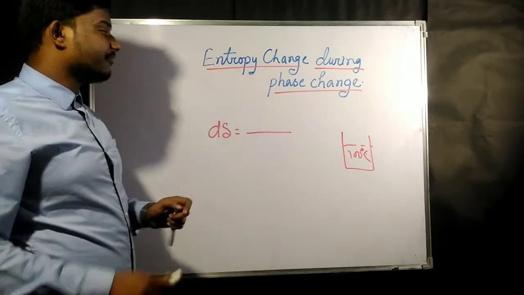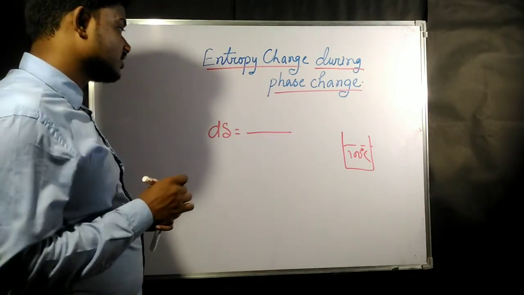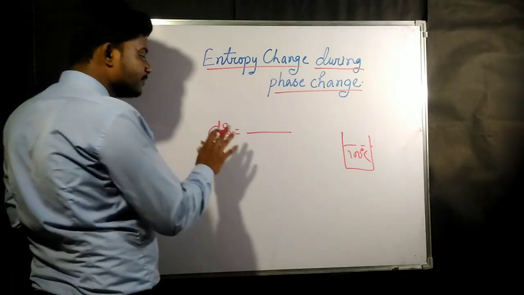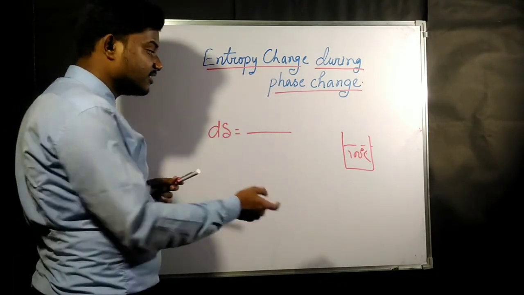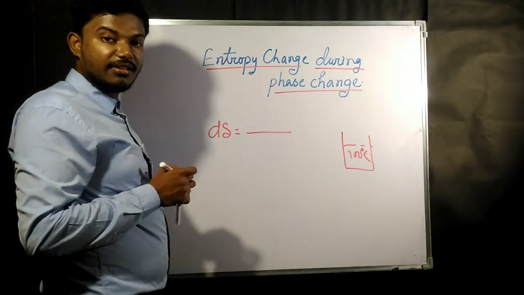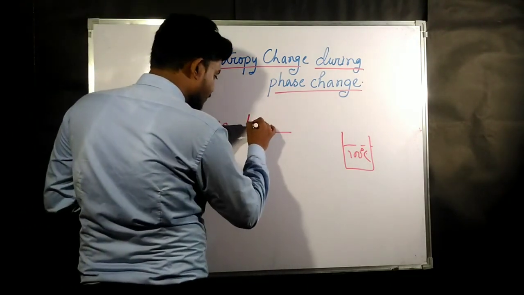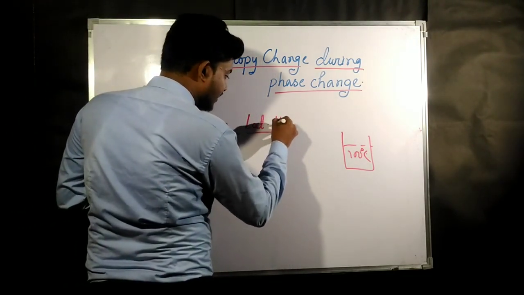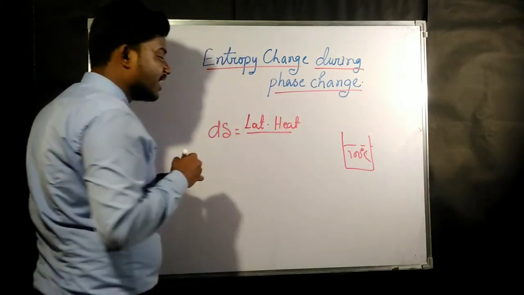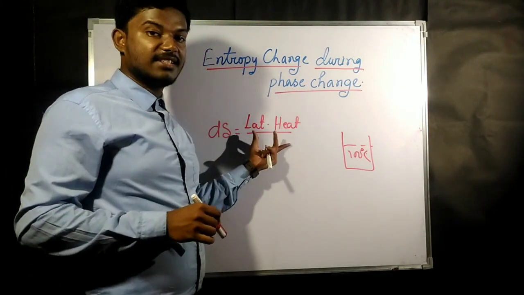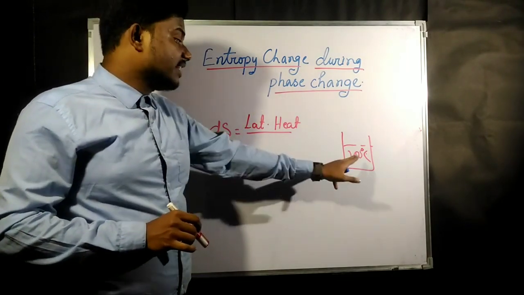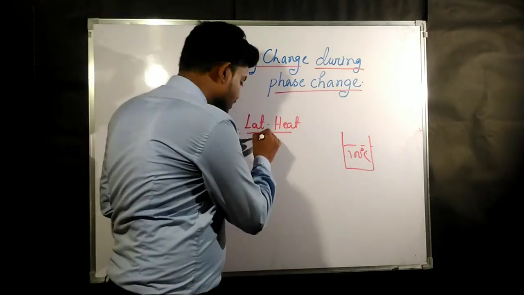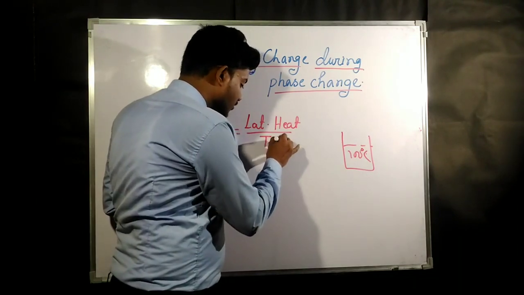So during phase change like evaporation, condensation, etc., you can directly say that the amount of heat getting exchanged during condensation or evaporation is the latent heat. This is the amount of heat exchanged during phase change, and at what temperature? Again, the 100 degree temperature of that water, which is known as the saturation temperature.